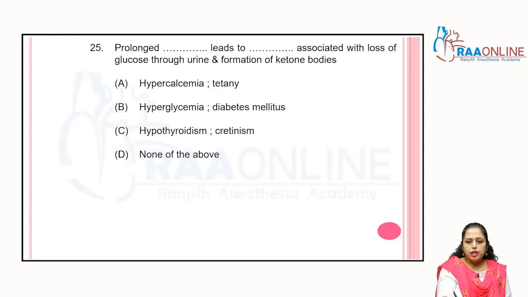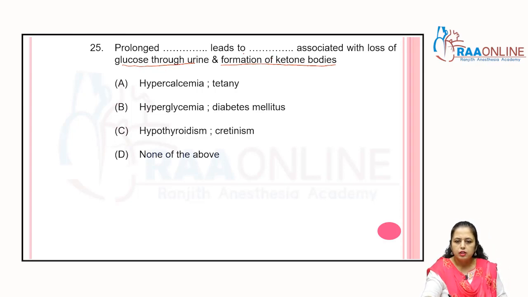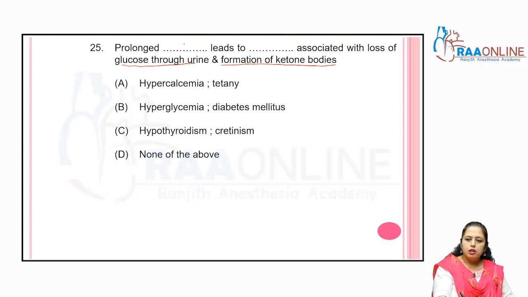Prolonged dash leads to dash associated with loss of glucose through urine. Okay. And formation of ketone bodies. If there is formation of ketone bodies, that means there is a degradation of the fat, right? And loss of glucose in urine. Loss of glucose in urine is in case of the glucosuria, or we will call it hyperglycemia, right?